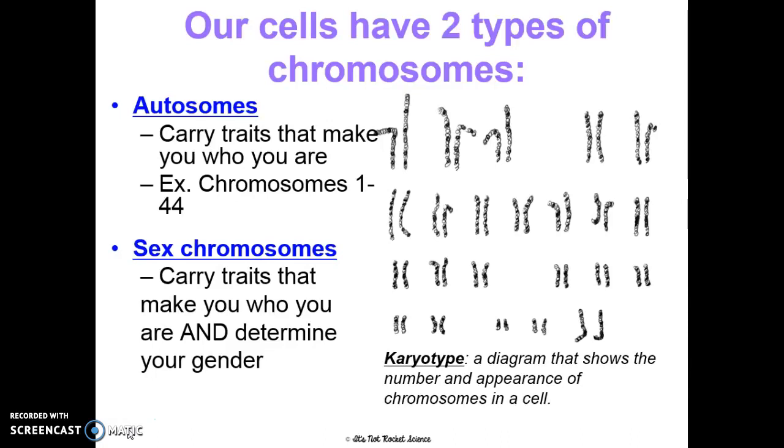And also these give rise to our differences in anatomy between males and females. So the only sex chromosomes that we have are 45 and 46. So again, the very last pair to the right. But as you know, that last pair can really give rise to pretty significant differences between males and females.